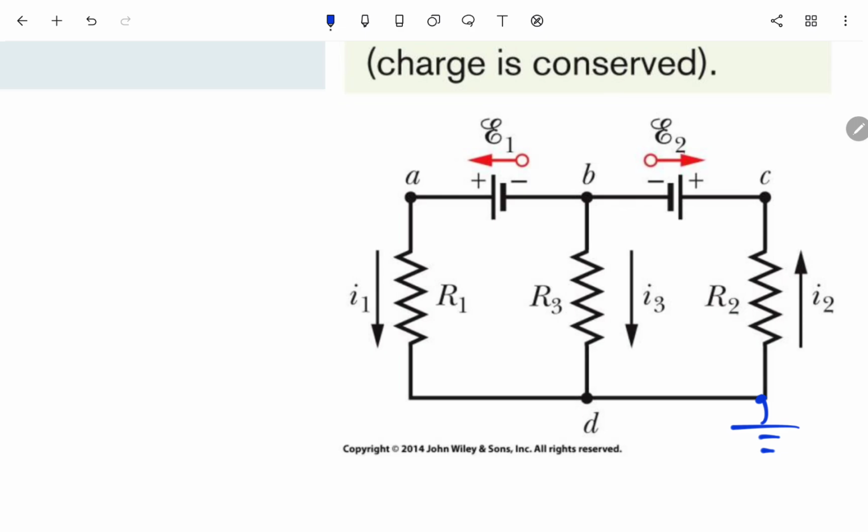But in this example, we only need one variable to solve this circuit using node analysis, but if we use mesh analysis, we have two variables.